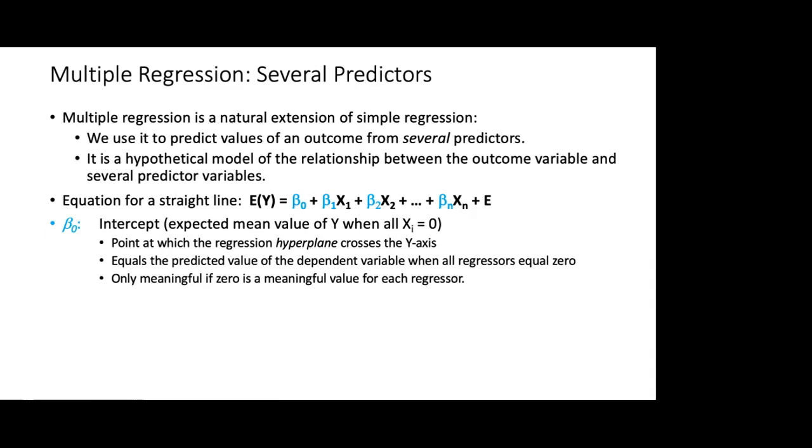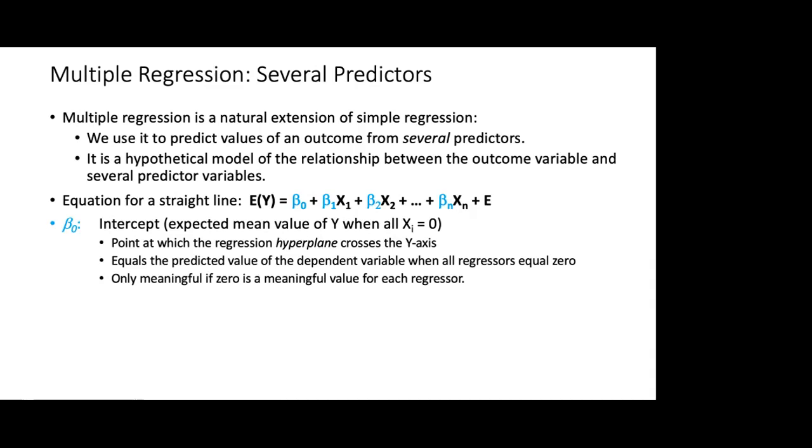So, right, that means in simple regression, we had a 2-dimensional model space, and then we had the 1-dimensional regression line in that space. So now, for example, if we have 2 predictors, we have a 3-dimensional model space, and we have a 2-dimensional plane that describes our regression model within the 3-dimensional space.